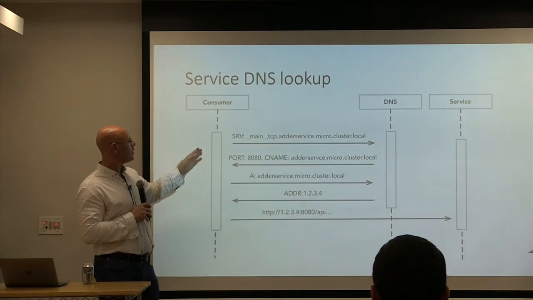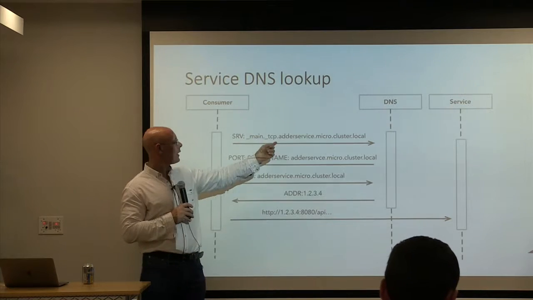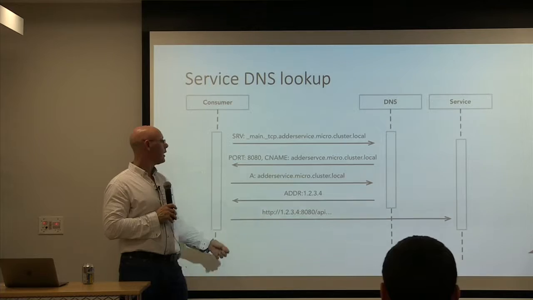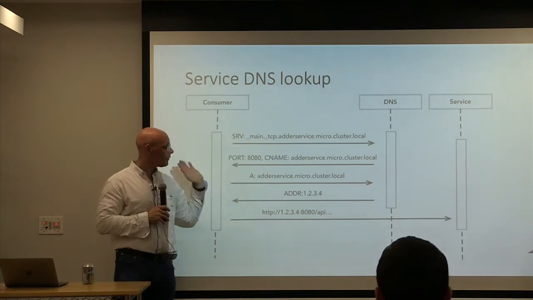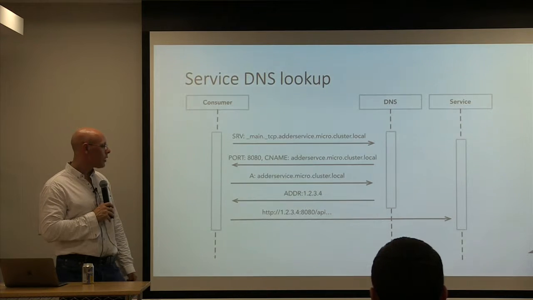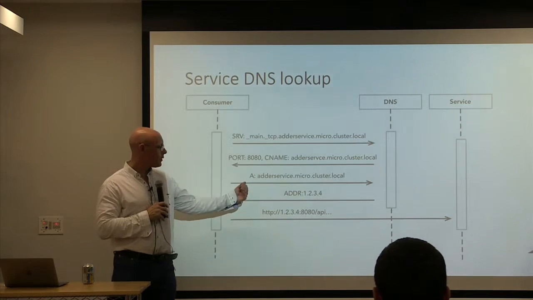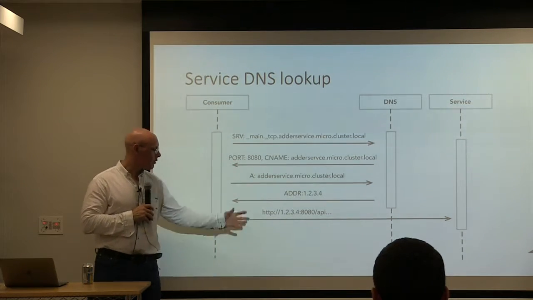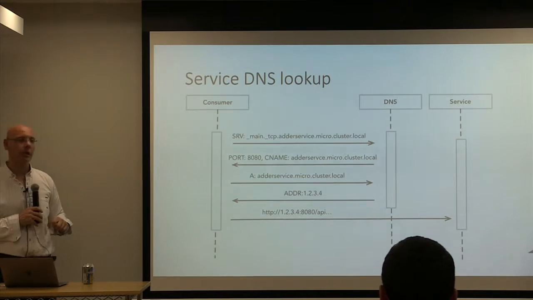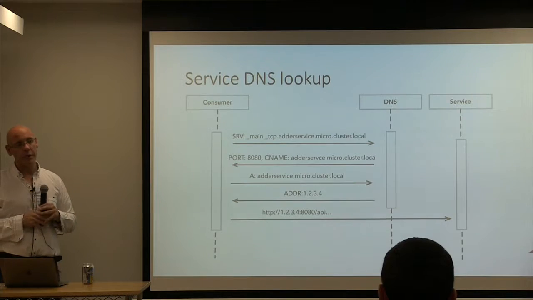So we have a piece of code in every consumer that says, give me the SRV record for this name. That returns a port number and a CNAME, and then I ask it for the corresponding A record, and that gives me an IP address. And so the combination of IP address and port number allows me to then connect and consume that service, typically using HTTP.